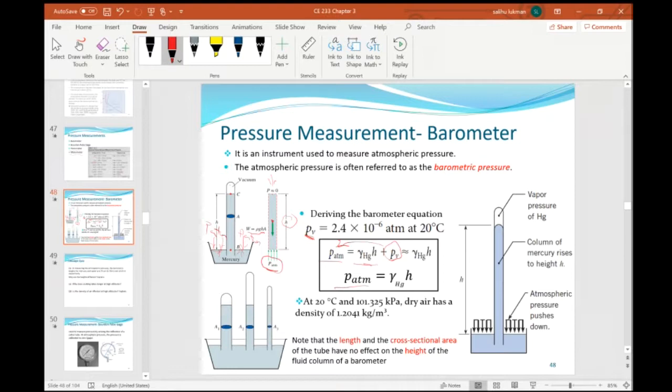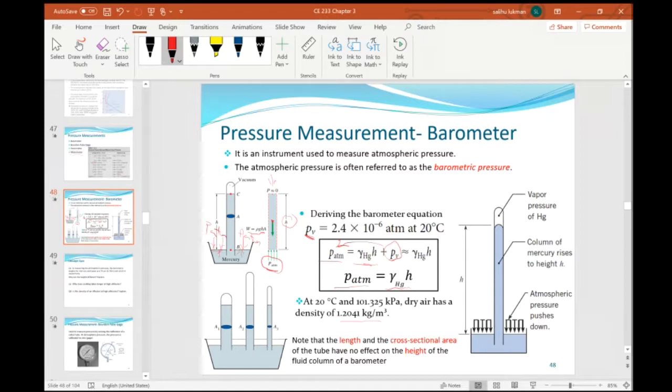So the atmospheric pressure is given by the height of the mercury column, okay. At 20 degrees, 101 kilopascal, dry air has a density of 1.2 kilogram per meter cube, very small, okay. This height, we use to measure the atmospheric pressure.